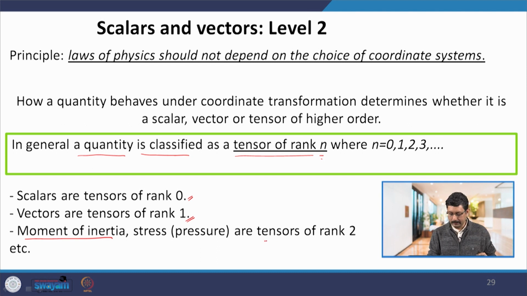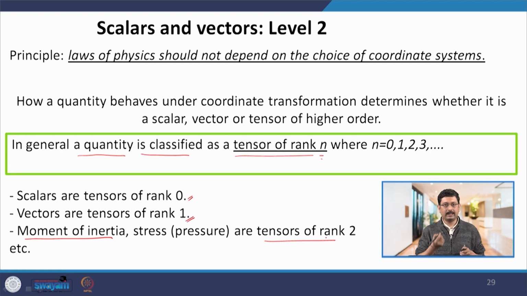and this is a tensor of rank 2, which means that if I want to write down the components of moment of inertia in the blue frame and in the red frame, then to calculate the components in the red frame from the components in the blue frame, we need 2 of this coordinate transformation matrix.